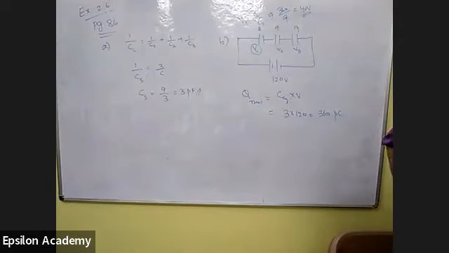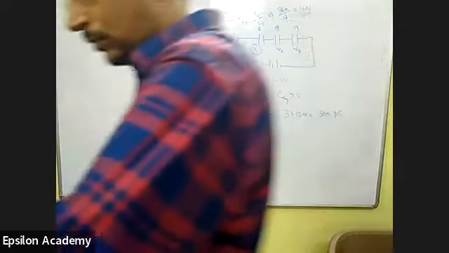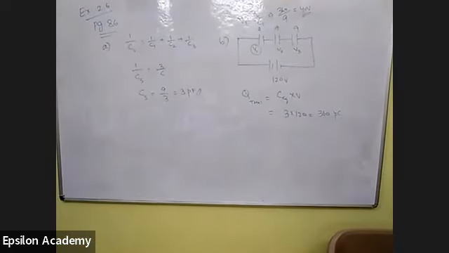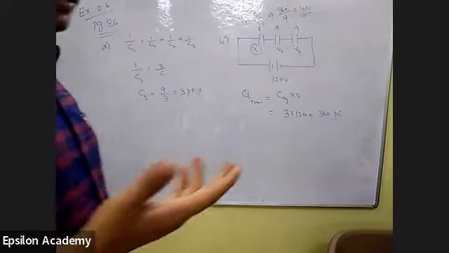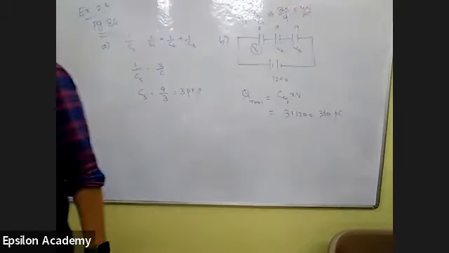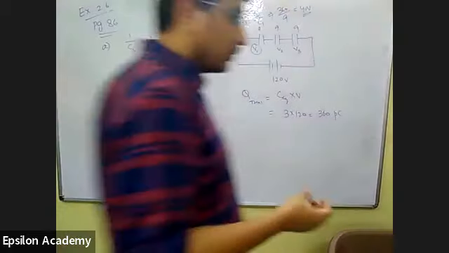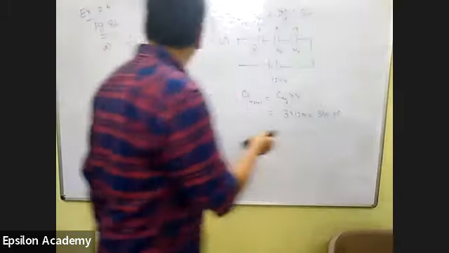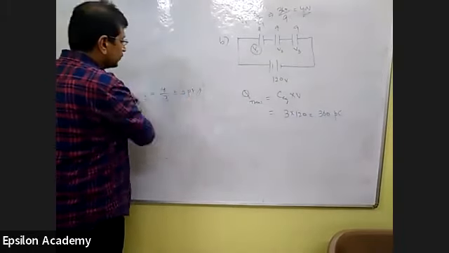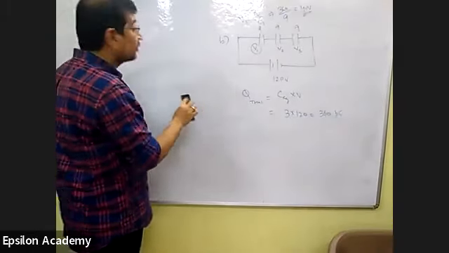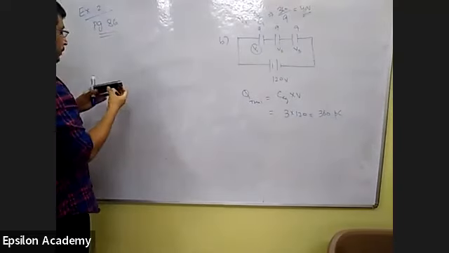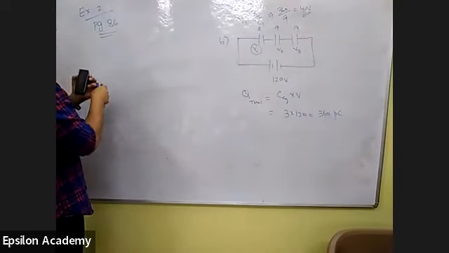What are they asking? Determine the charge on each capacitor if the combination is connected to a 100 volt supply. How much will be the value? So if the combination is connected to a 100 volt battery, what will be the charge on each?